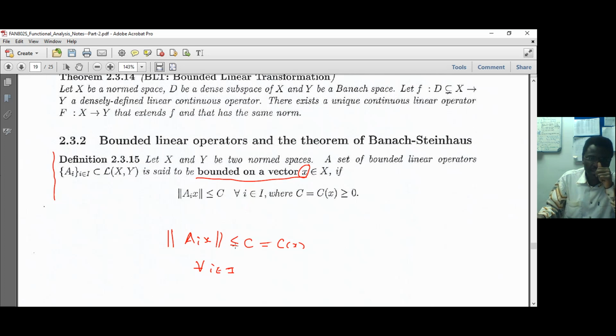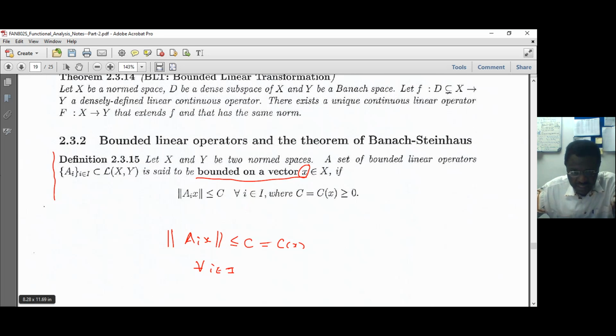If I change X, I'm not sure that the family will be bounded again because we say that it's bounded at that X particularly. So the constant will depend on X. It might be bounded on another element, let's say Y different from X, with a different constant.